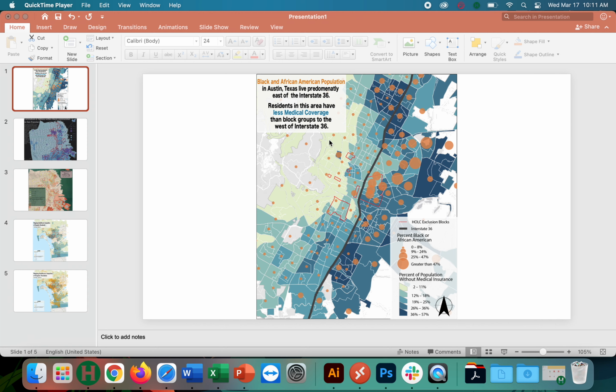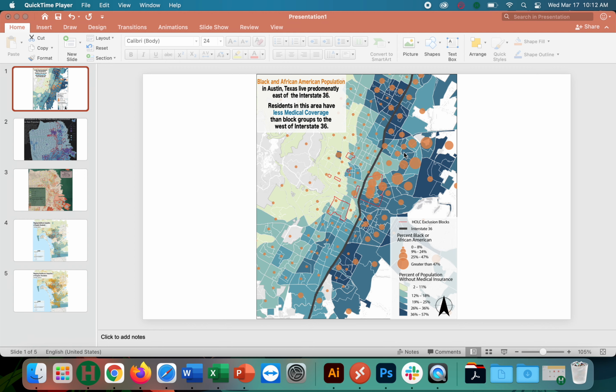So, here's a really interesting example from one of the maps that I liked from Austin, Texas. You can see there's a stark dividing line. This is Interstate 36. I'm not familiar with Austin personally, but I thought this was really interesting, that there is such a stark divide in just this highway that goes down, and on the right side of the highway, as this map notes, or on the east side, we have a higher proportion of black citizens, right, and we also see it doesn't really correlate with the redline information as much, and it's a little bit more sparse, and that could just be having to do with the development of Austin.